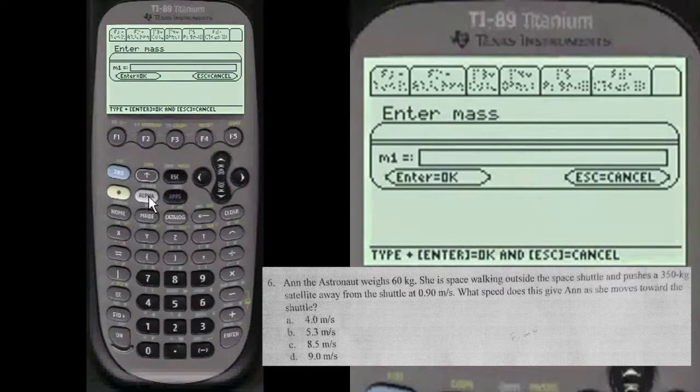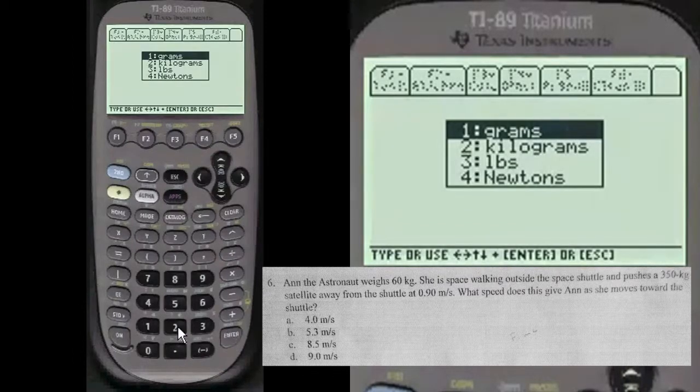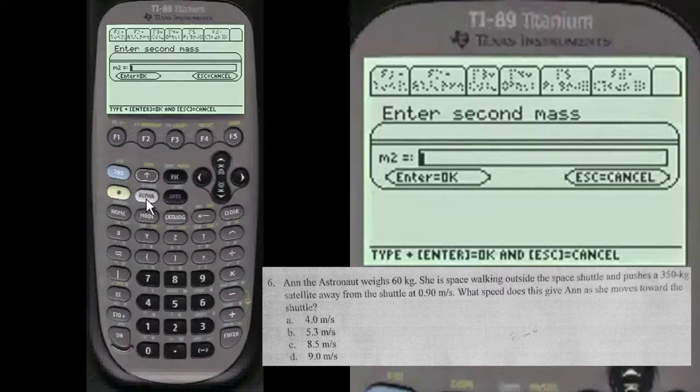I'm going to enter her mass incorrectly, as I say, but we're going to do it the way they do it in the problem. And it's 60. You have to press alpha before you enter anything to my entry, so I pressed alpha first. And I choose kilograms. And the space shuttle is alpha 350 kilograms.